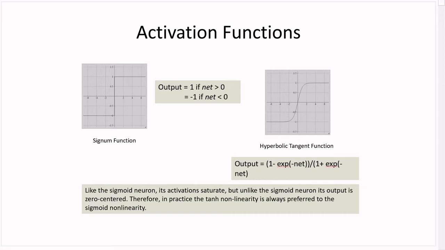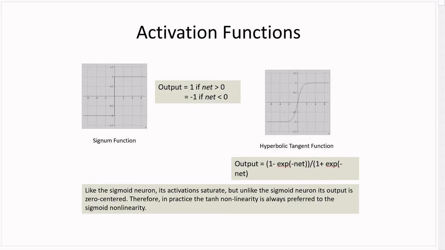Corresponding to the sigmoid function, we can also have a bipolar continuous function, which is known as the hyperbolic tangent function. Again, this function approaches plus 1 or minus 1 in the limits. The expression for this function is 1 minus e to the power minus net divided by 1 plus e to the power minus net.